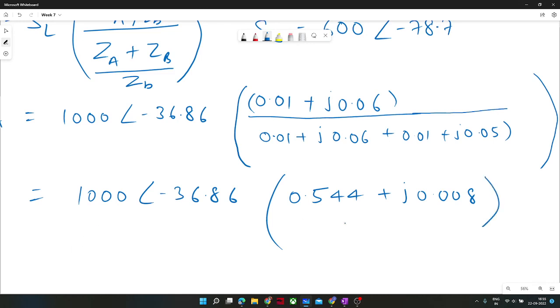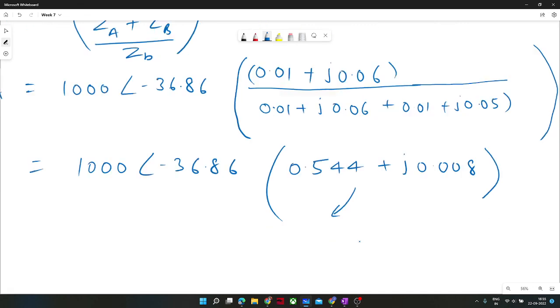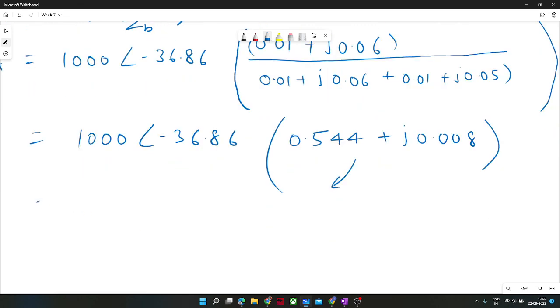Okay, so again we will convert it into phasor format.